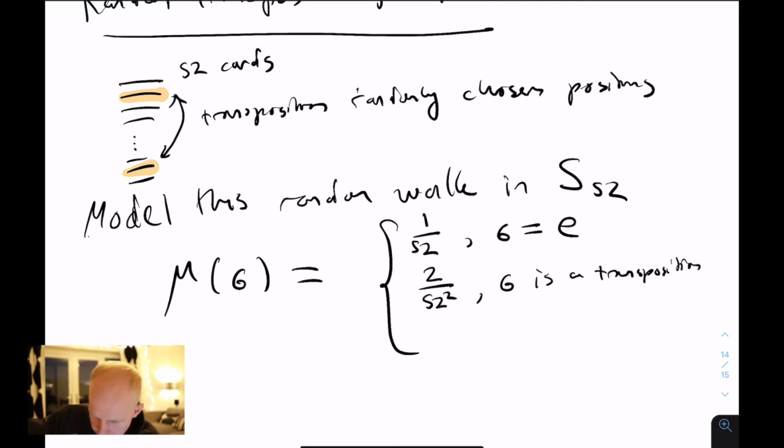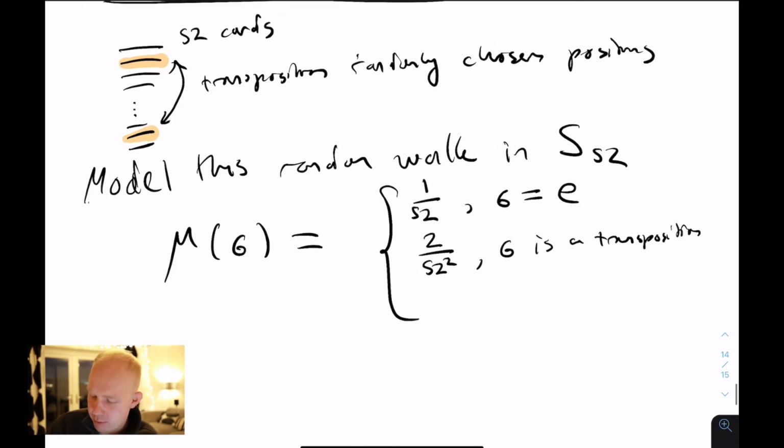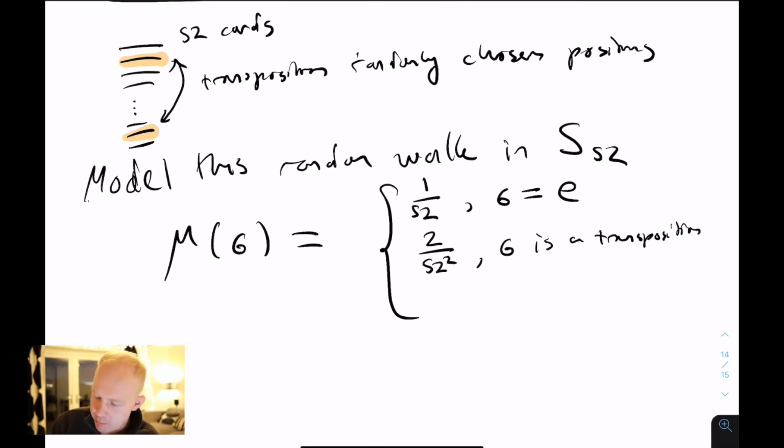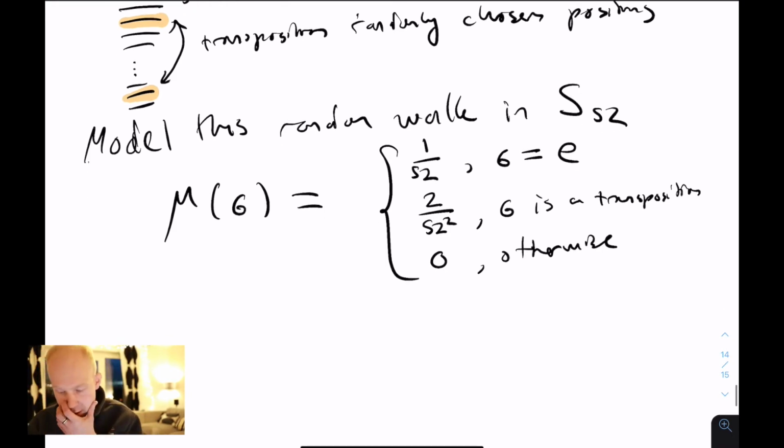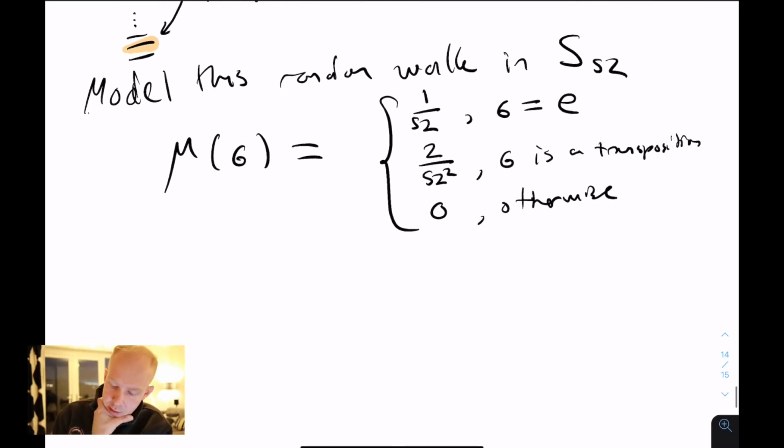So you go through all the possible pairings, and you put the uniform weight on each of them, and 0 otherwise. So that's the probability distribution here: mu on S52 to [0, 1].